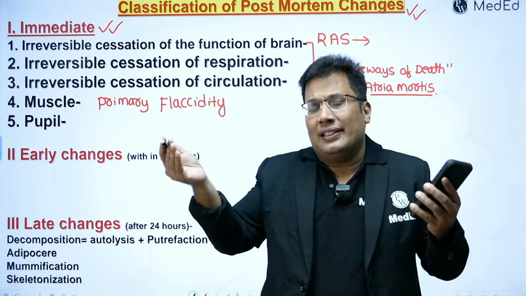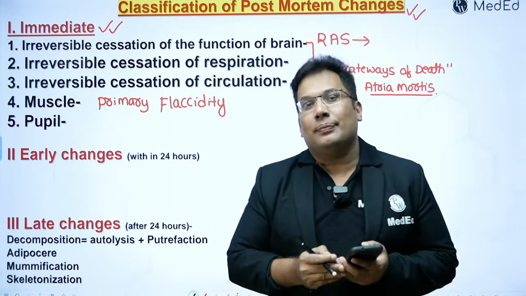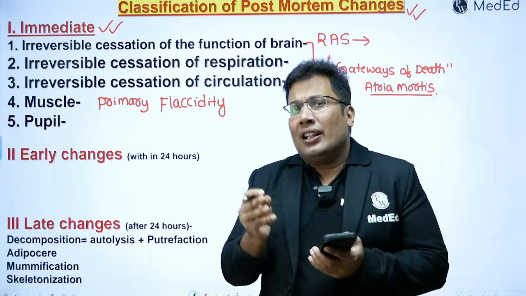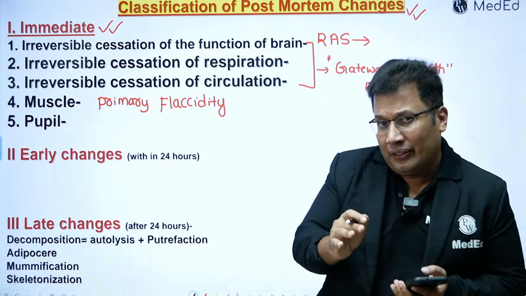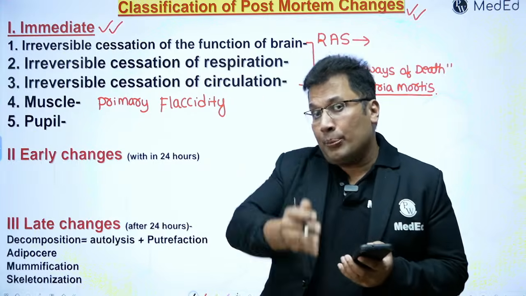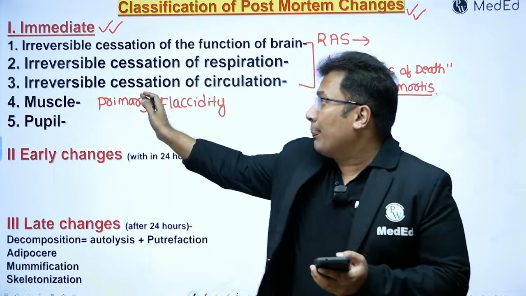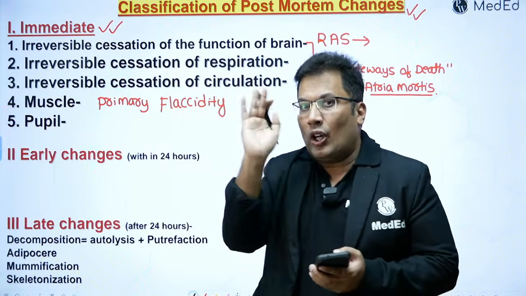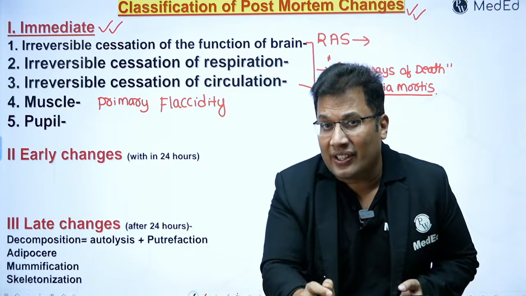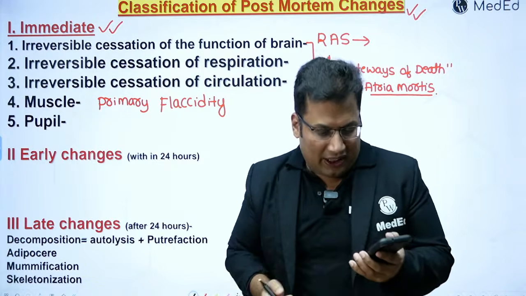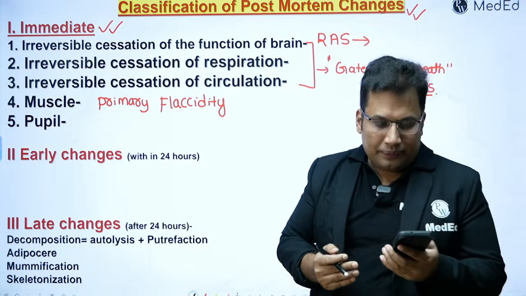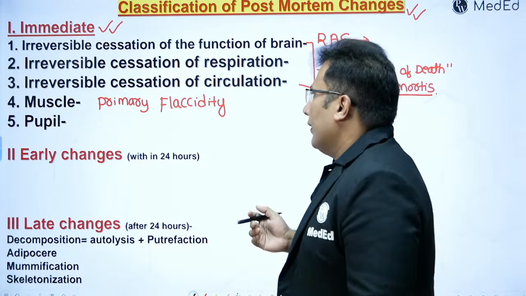So all the muscles undergo relaxation by utilizing the ATP that is there in the plasma. So the change that occurs in the muscle, that comes under immediate change, that is primary flaccidity, not the rigor mortis. So try to understand this. Rigor mortis comes after the primary flaccidity.